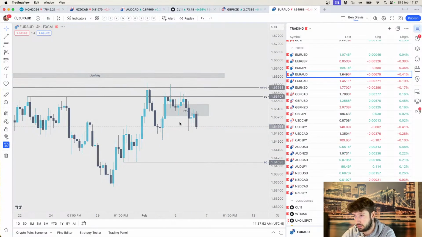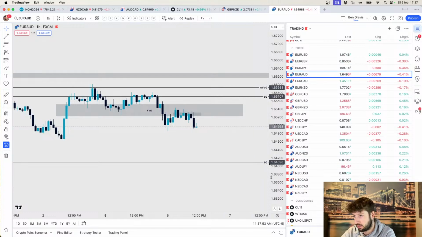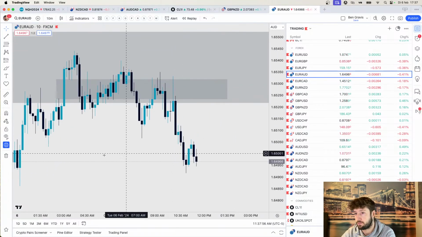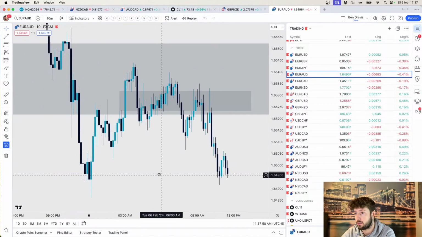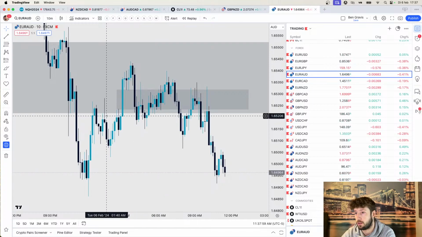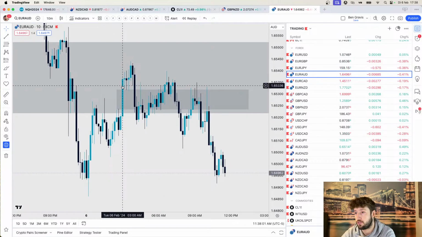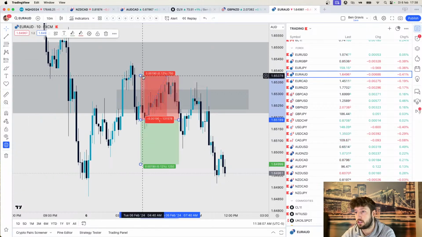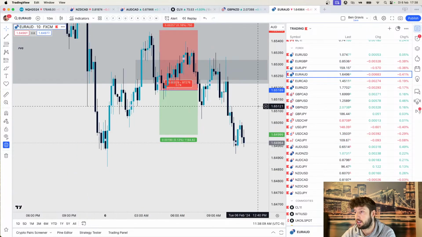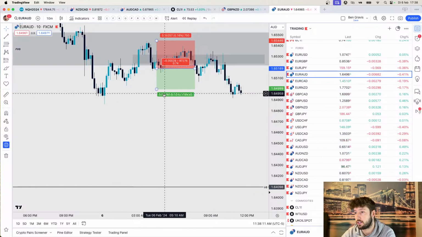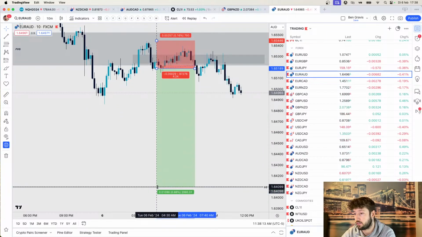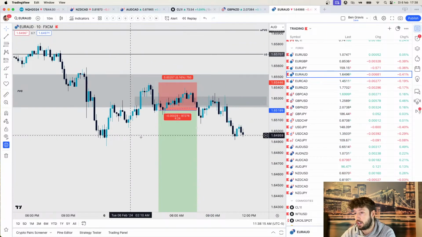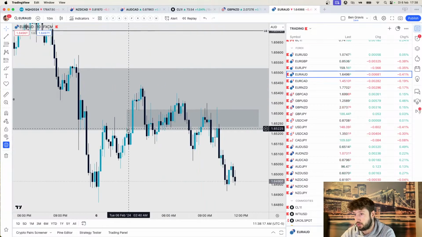For that one, I had the chance over here. This was my chance. So you see this fair value gap here, and then it closed below. So this was your short here, then your stop loss above the high, and I didn't take it because I wasn't too sure, but you just have to take it. You just have to, if you see this.